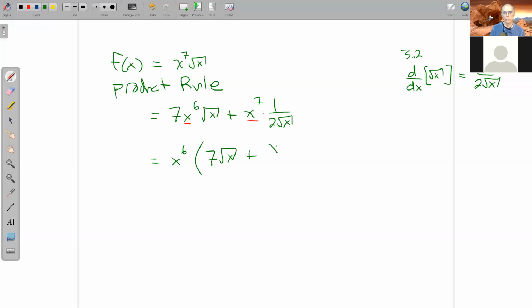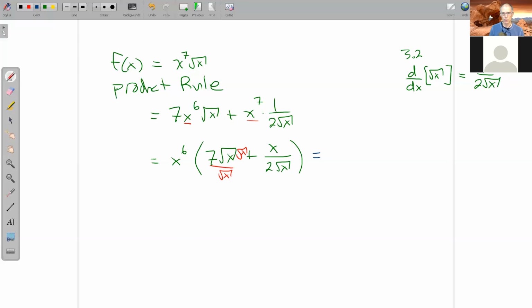So I'm going to write it as x over 2 square root of x. Next thing I want to do is deal with this addition here, and there's a couple ways to deal with that. I guess the easiest one is to multiply top and bottom here by the square root of x and square root of x. And then we'll rationalize the denominator next.